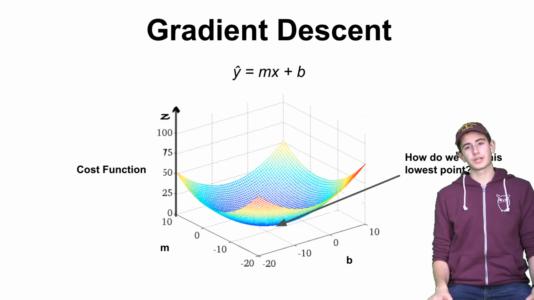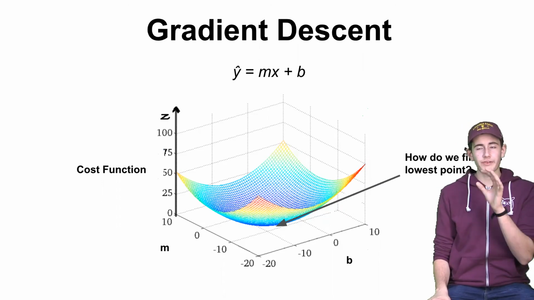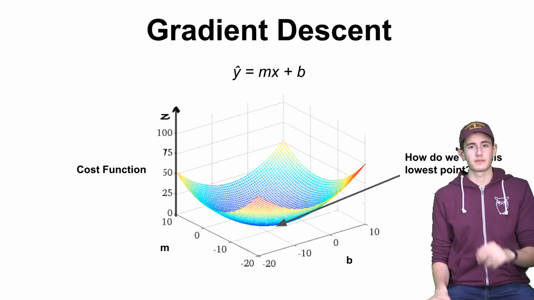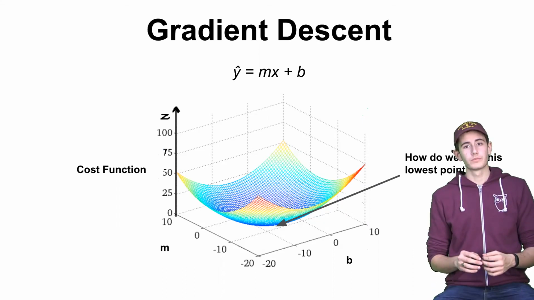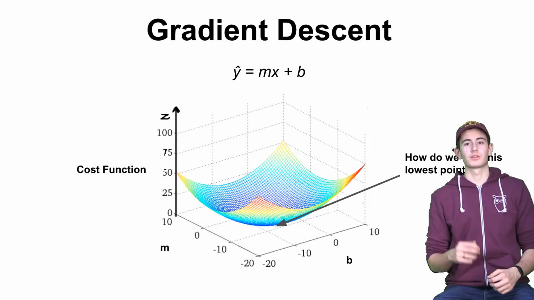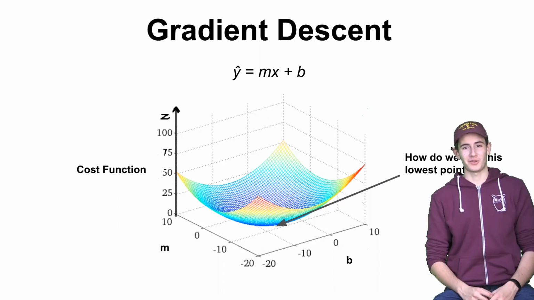So now the question is, how do we find that lowest point? Well, we use a process called gradient descent, and we'll discuss this in the next video. I'll see you there.